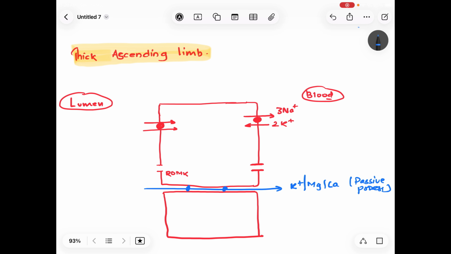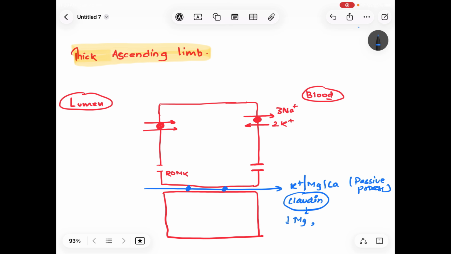A defect in this claudin protein causes hypomagnesemia, hypercalciuria, and nephrocalcinosis.